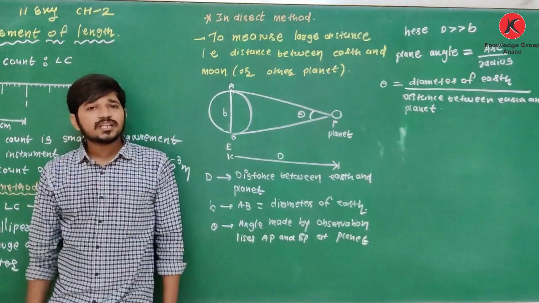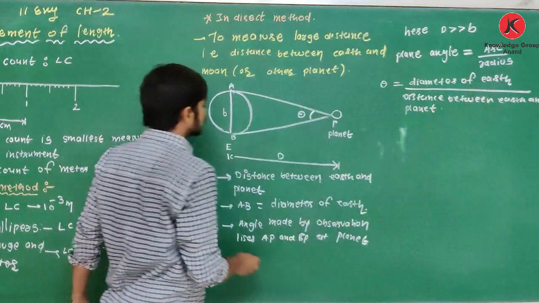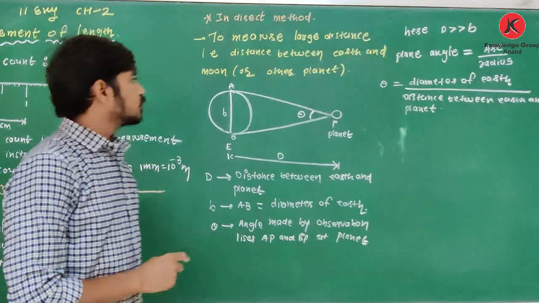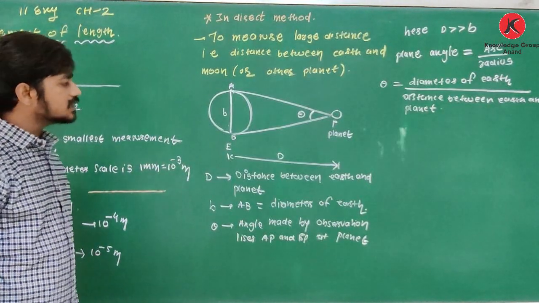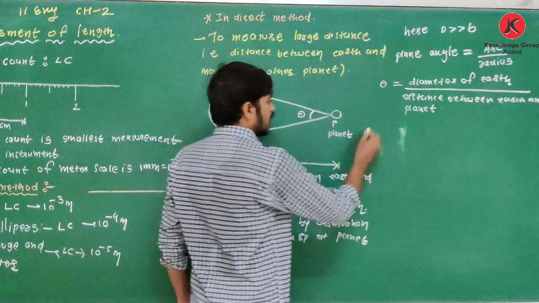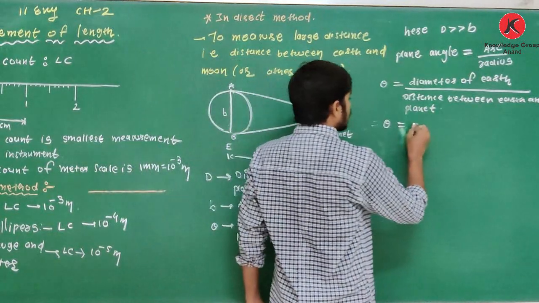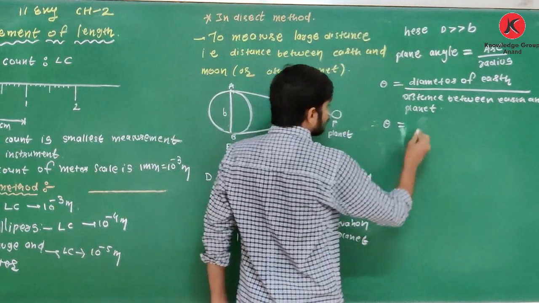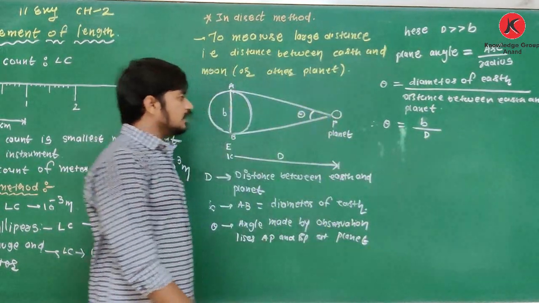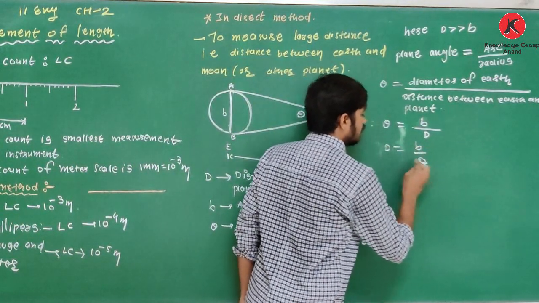Because capital D is very much greater than b. With respect to this very large distance, these three distances we can take as nearly the same. So plane angle is equal to arc upon radius. Theta is equal to the diameter of Earth upon the distance between Earth and planet. Theta is equal to b upon D, where b is the diameter of Earth and capital D is the distance between Earth and planet. So if you want to find the distance between Earth and planet, then D is equal to b upon theta.